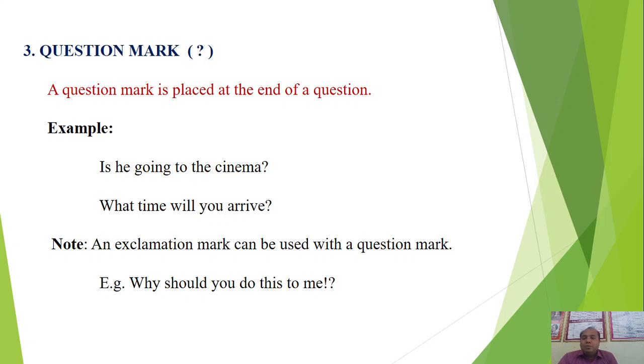We need to remember that an exclamation mark can also be used with a question mark. Why should you do this to me?! So there is an exclamation mark with the question mark. You can use both at a time when you want to stress both things.